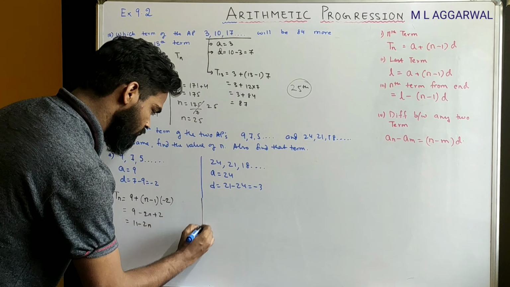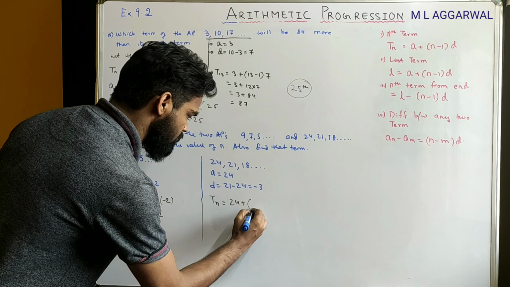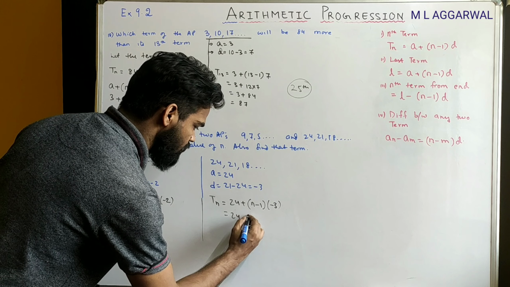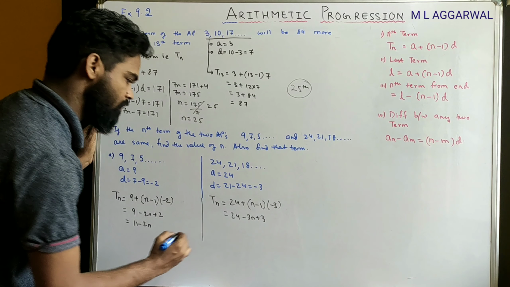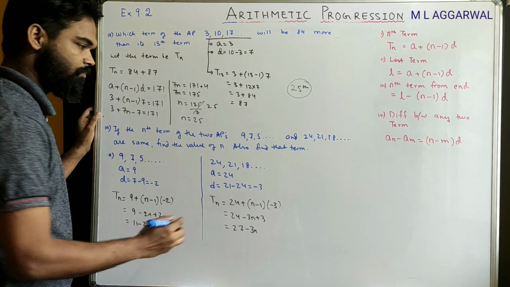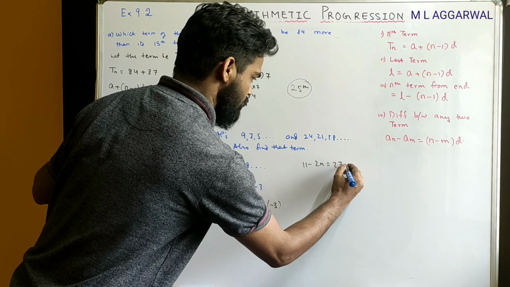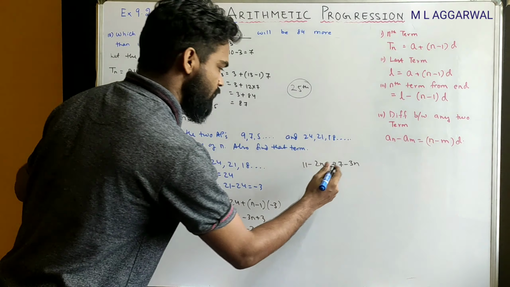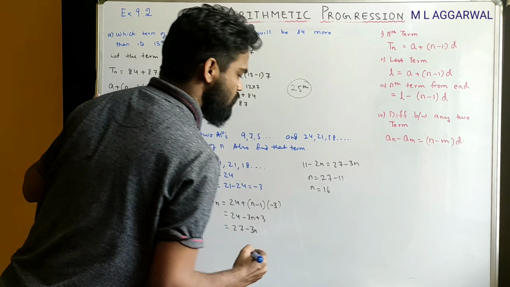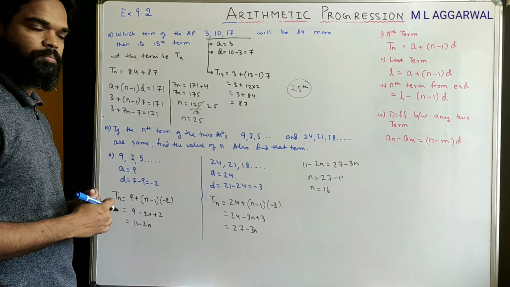Nth term of this we'll find now. Tn is a plus n minus 1 into d, so that's 24 minus 3n plus 3. Am I clear? That's 27 minus 3n. Now according to the problem, these two will be equal. So can I write 11 minus 2n equals to 27 minus 3n, which means n equals to 27 minus 11. So n is 16. So the 16th term will have equal values in both the APs.